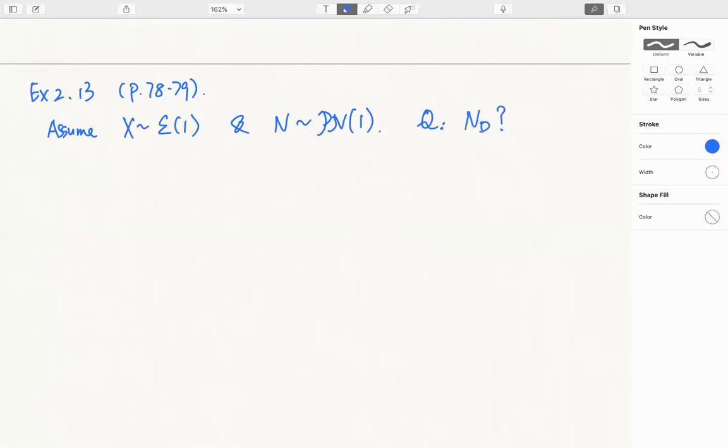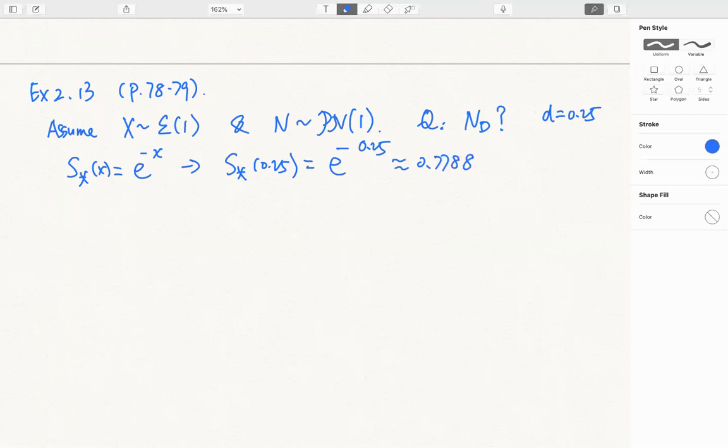This is rather simple, because I know the survival function is e to the negative lambda x, where lambda is 1. And here I want to apply D as a quarter. So the survival at 0.25 is nothing but exponential negative 0.25. I think it's about 0.7788 for an exponential distribution.